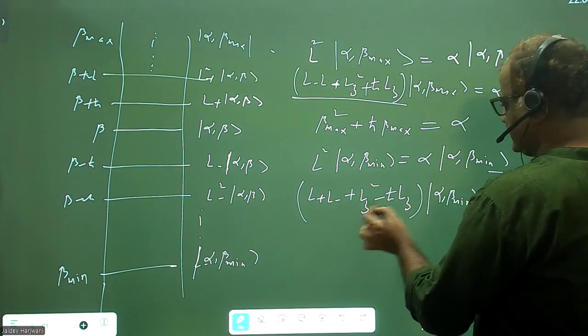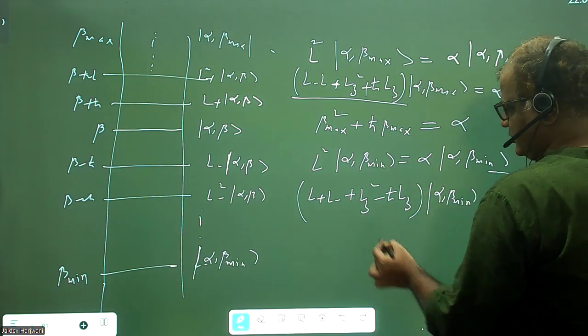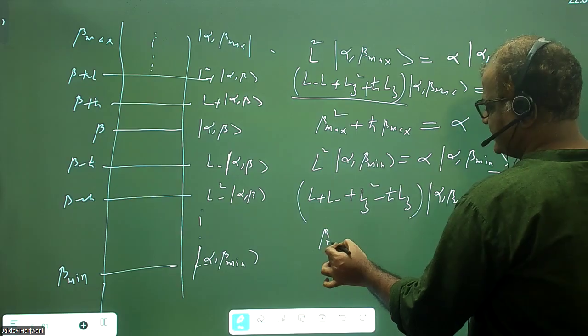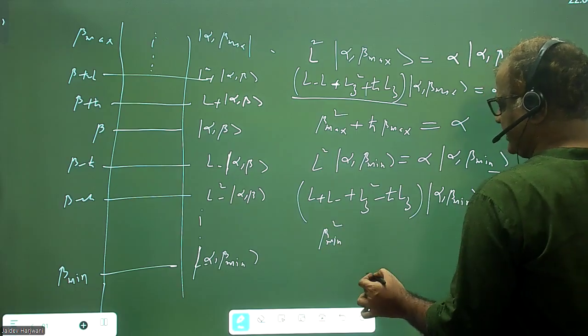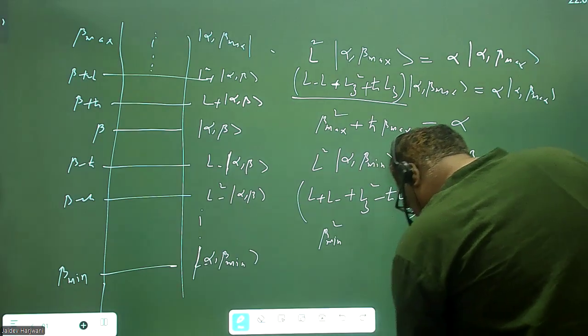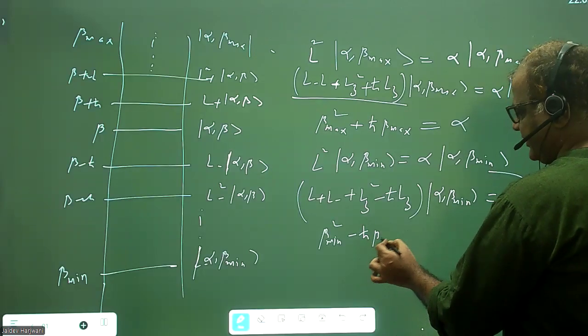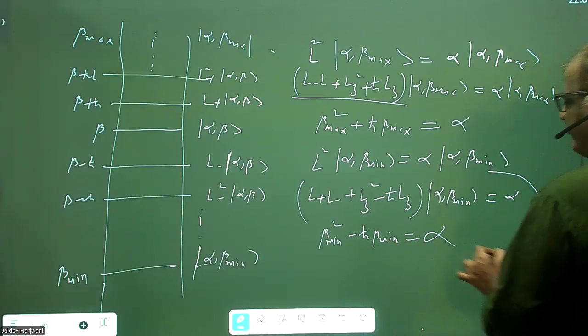Now if you operate here, the L minus will not have any effect, it cannot reduce further. So you will get beta minimum square minus h cut beta minimum, alpha.